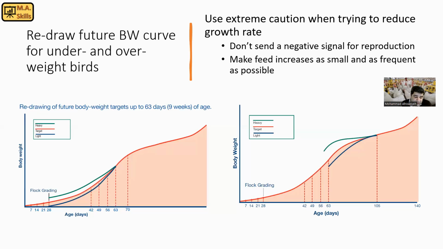And these birds will not produce fertile eggs, or if they produce, their production will be really weak. Second thing, make feed increases as small and as frequent as possible.